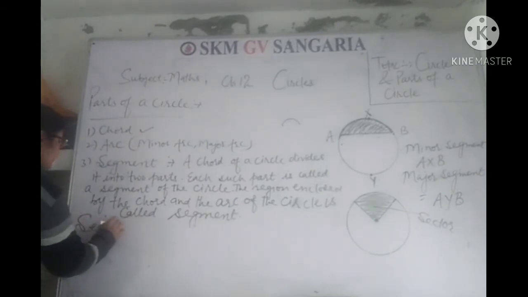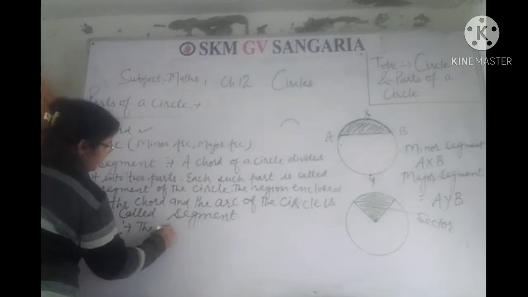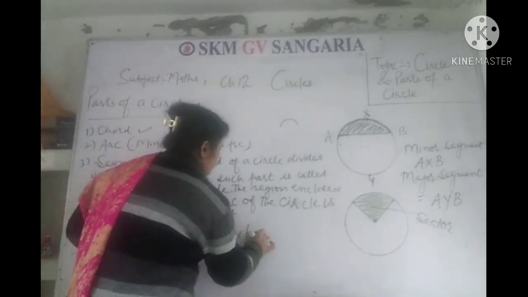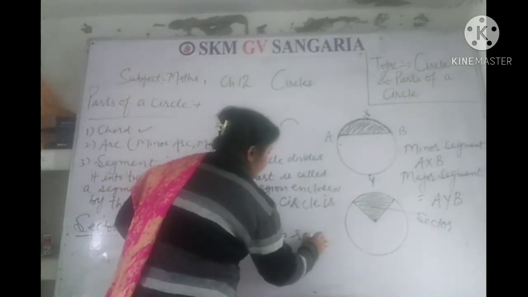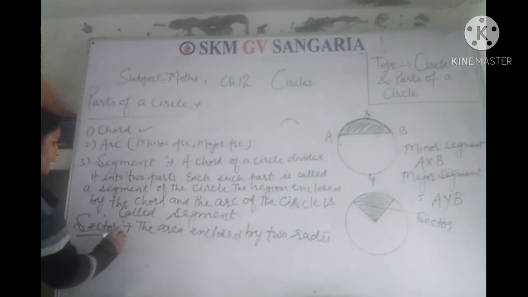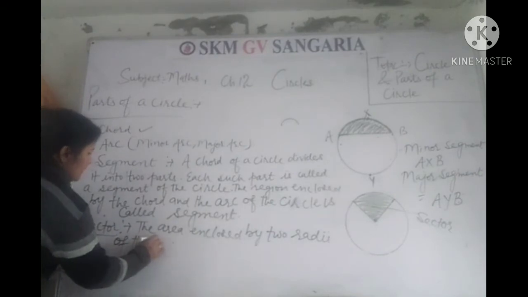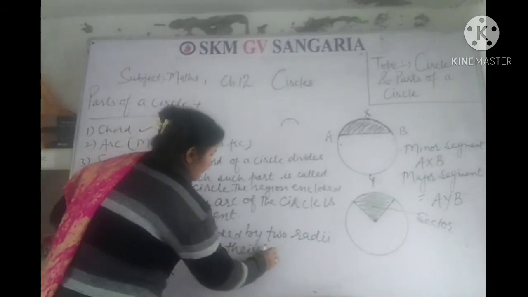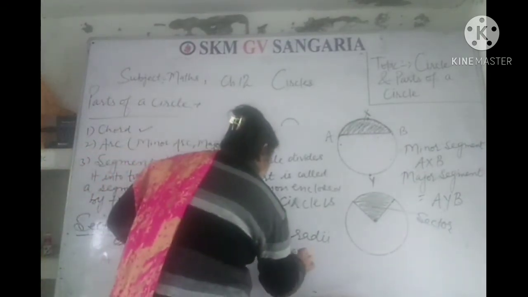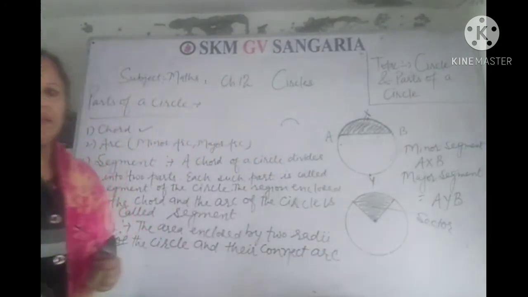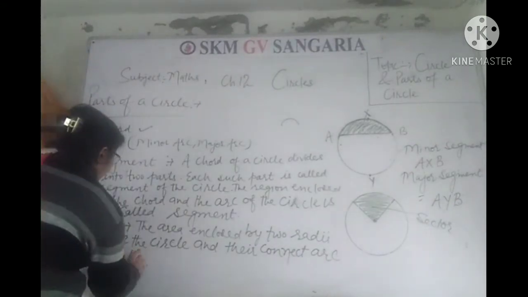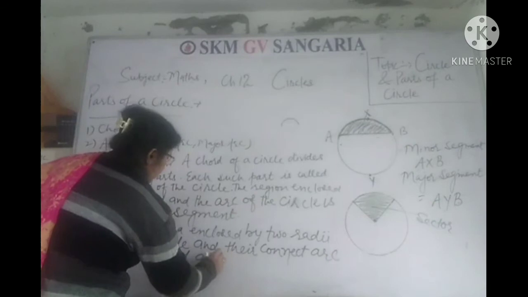Sector: the area enclosed by two radii of the circle and their connecting arc is called a sector.